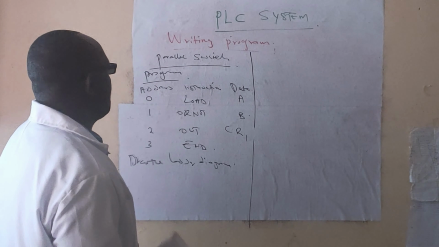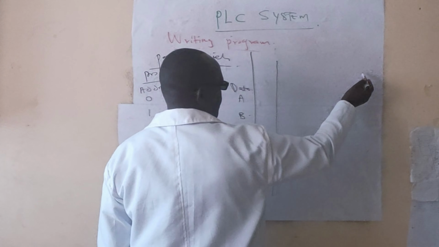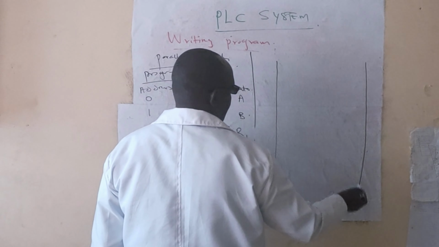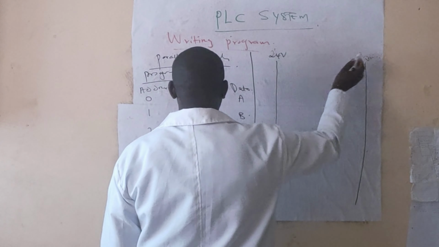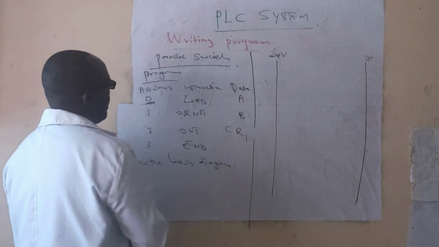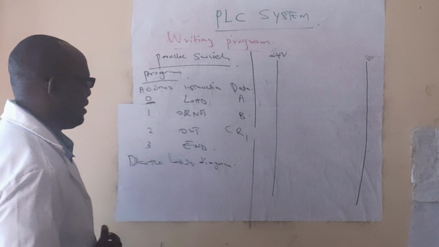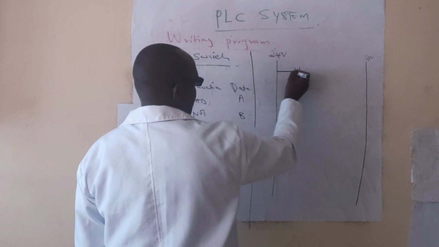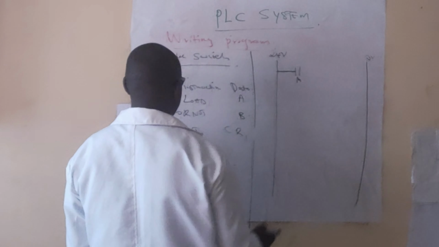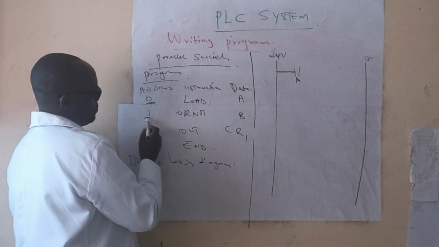Let's see how we can draw this one. As usual, you draw 2 lines. You can set the voltage to be 24 and 0 volts. And then the first address is load A. So we are loading A. And then number 2, we are told OR NOT.